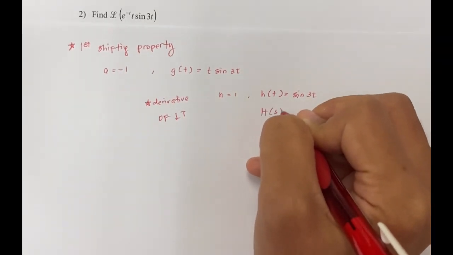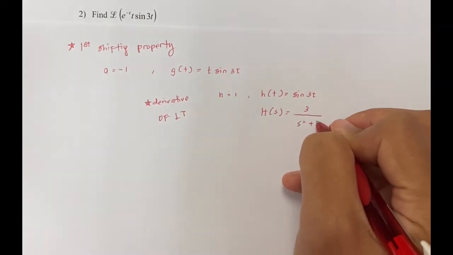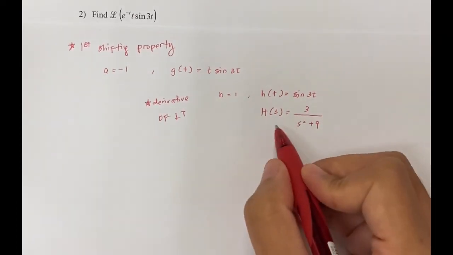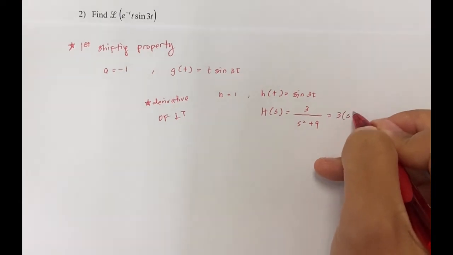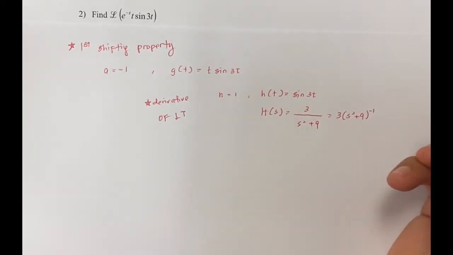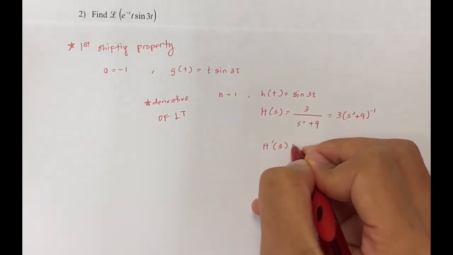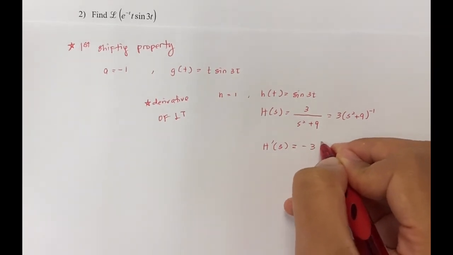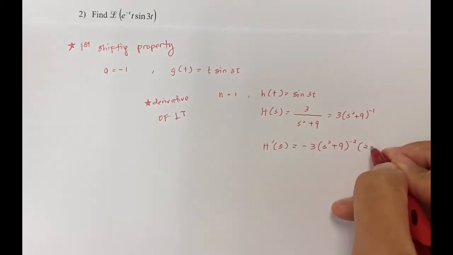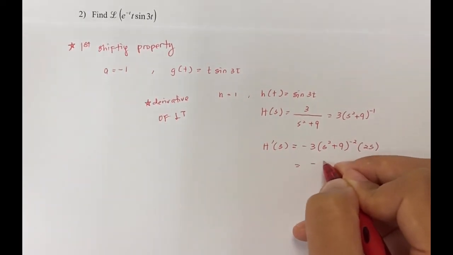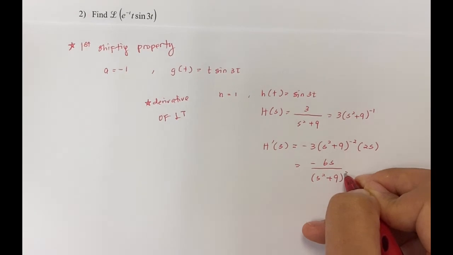Again, I need to find my H(s). H(s) is equal to 3 over s squared plus 9. Okay, and then I need to find my H prime(s). This is equal to 3 times (s squared plus 9) to the power of negative 1. So with n equal to 1, H prime(s) is equal to negative 3 times (s squared plus 9) to the power of negative 2, multiplied by 2s, and this is negative 6s over (s squared plus 9) squared.